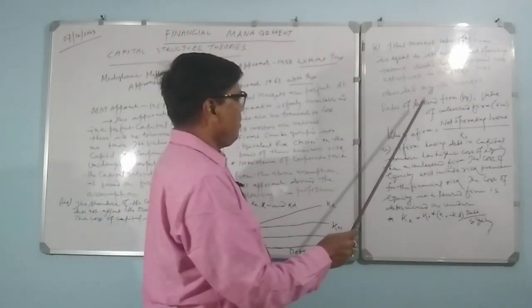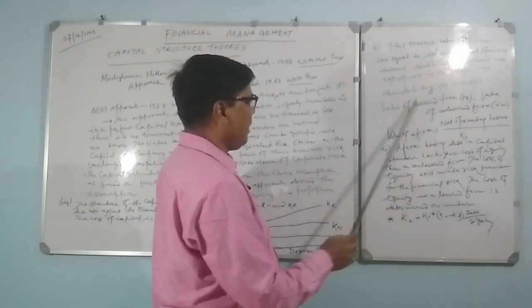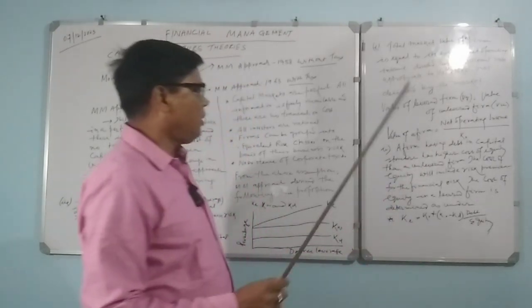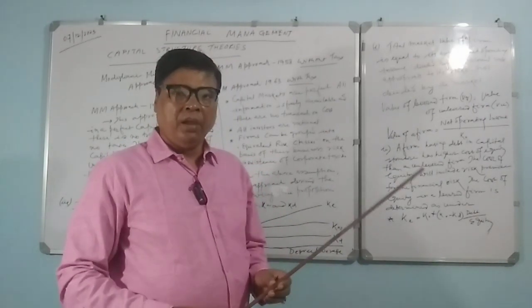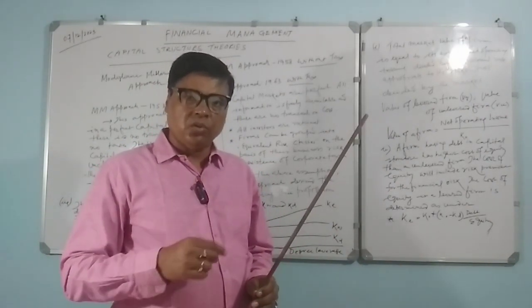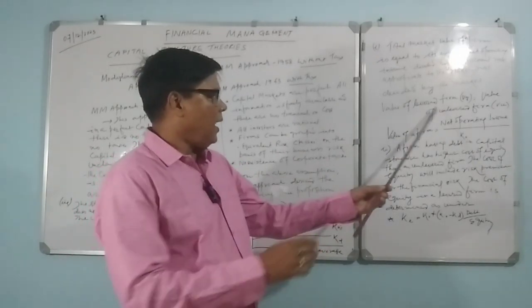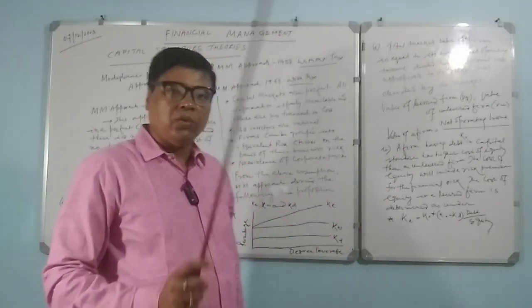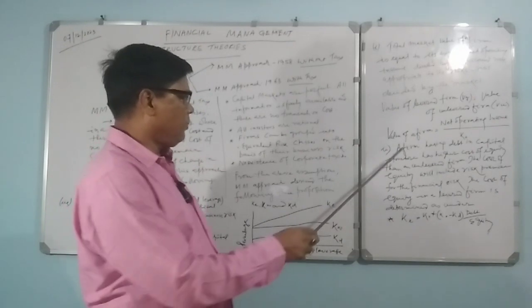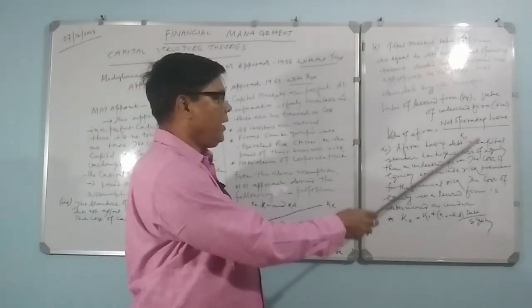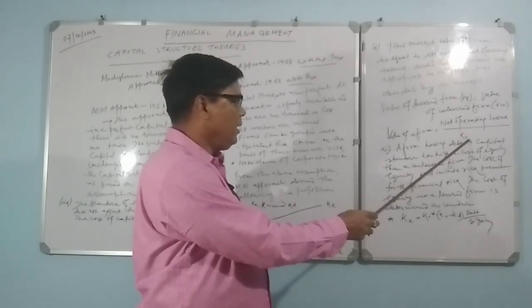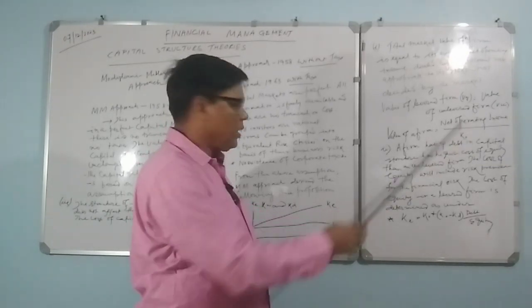The value of the levered firm is equal to the value of the unlevered firm. A levered firm is one whose capital structure includes debt capital, and an unlevered firm has only equity capital, no debt capital. In such a situation, value of the firm equals net operating income divided by the cost of capital, Ko, the overall cost of capital.